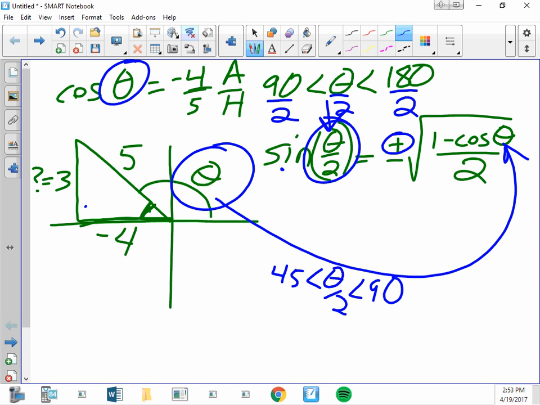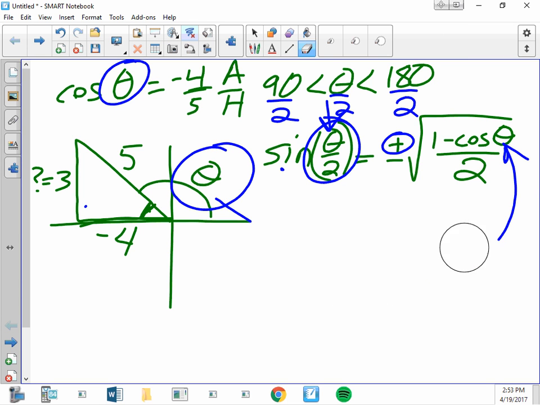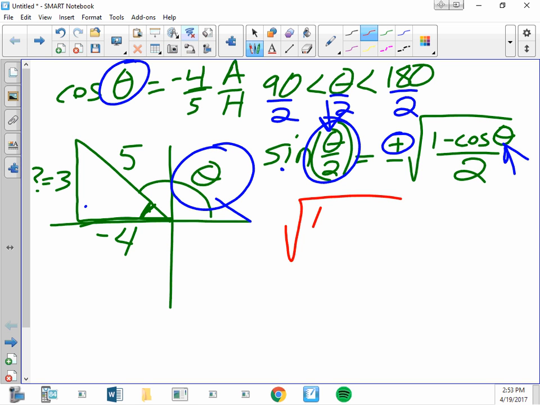The answer is the positive square root of 1 minus, what's the cosine of the original? Minus negative 4 over 5, over 2.